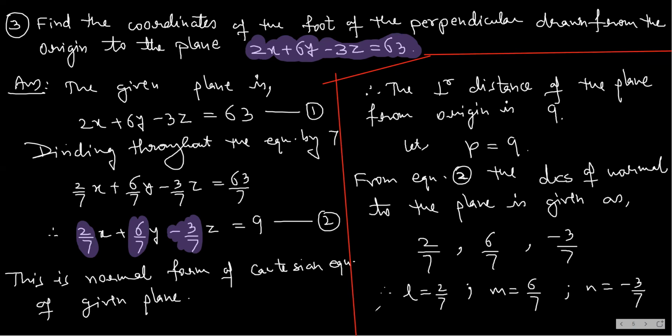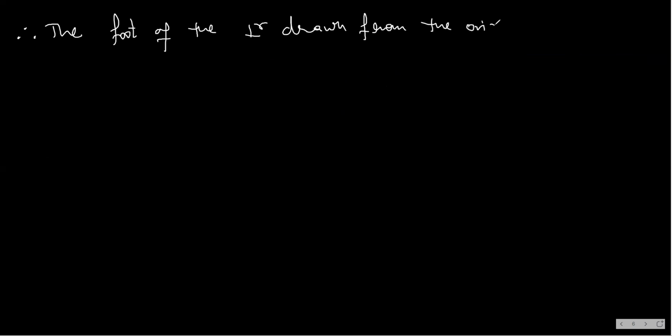Therefore the foot of the perpendicular drawn from the origin to the plane is pl, pm, pn.